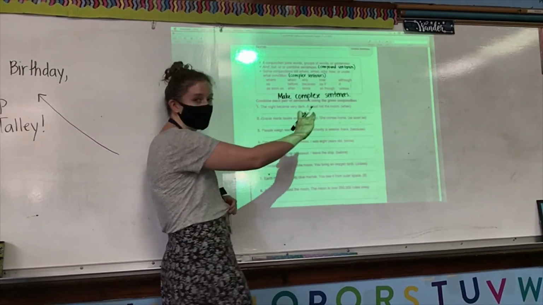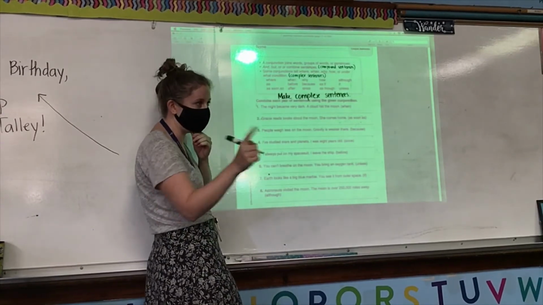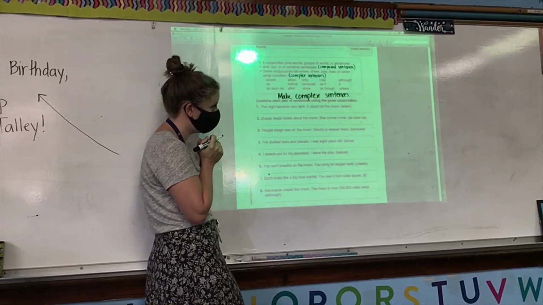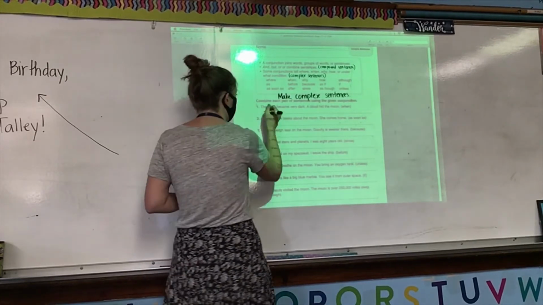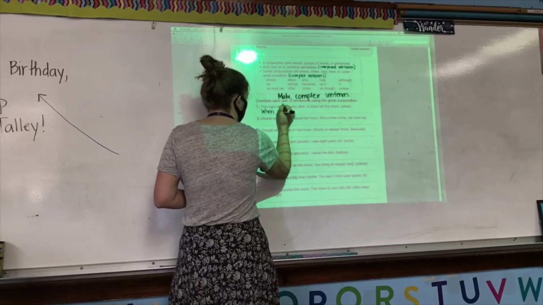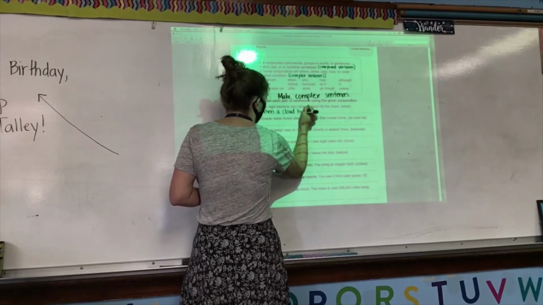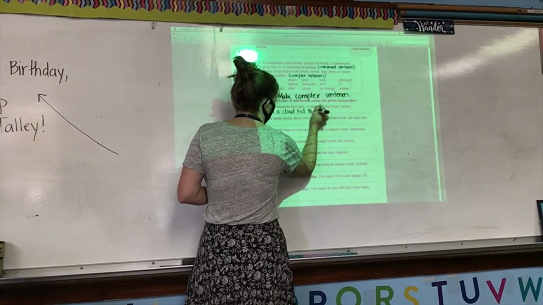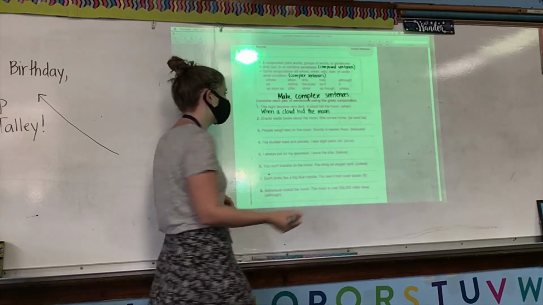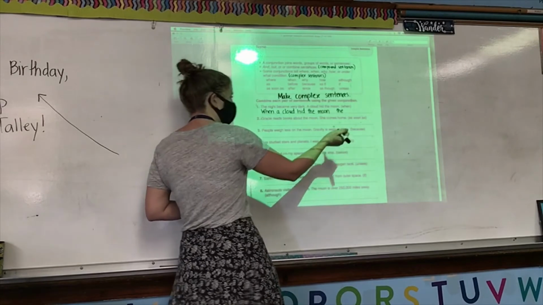So let's go ahead and write that whole sentence that Zadie just said. But what are we going to have to add? A comma. Why? Because you put the dependent clause first. Good. Extra brownie points for Zadie. When a cloud hid the moon, oh, I wish they gave us more space for this, because even I'm having trouble fitting it.